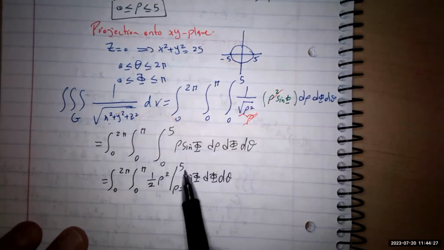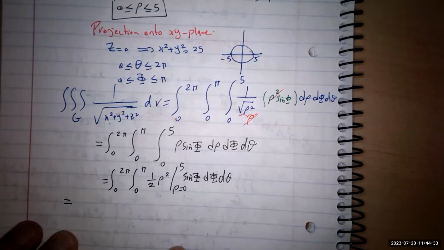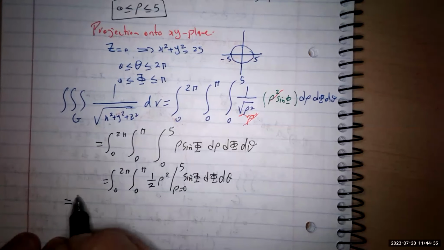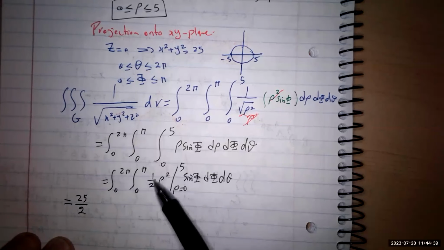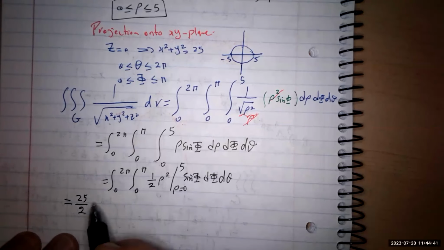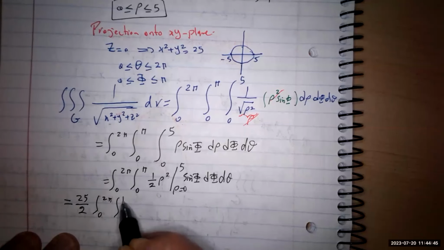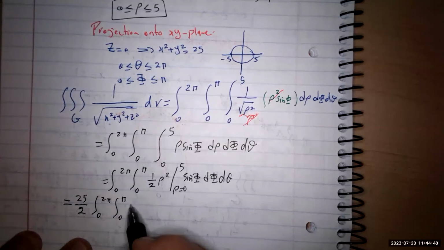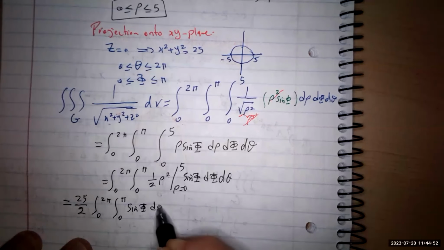If you put rho equal to 5, 5 times 5 would be 25, so we can pull it out. It's going to be 25 over 2, and the leftover is 0 to 2 pi, 0 to pi, integrating sine of phi d phi, then when we're done, d theta.